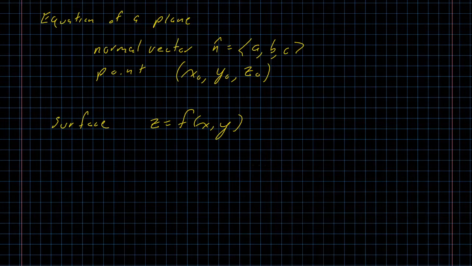So I want to look at some other function. I'll call it capital F to distinguish it. And I'm going to write it as z minus f of x and y.